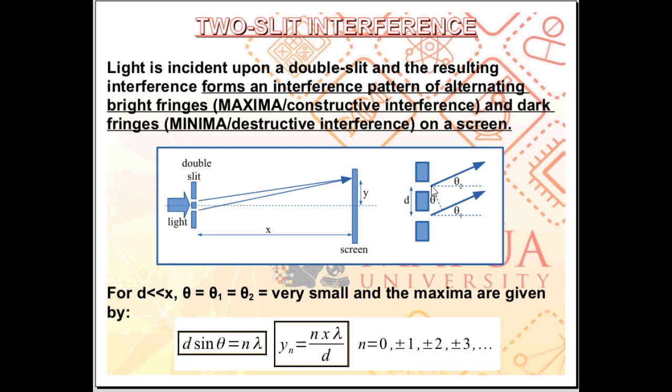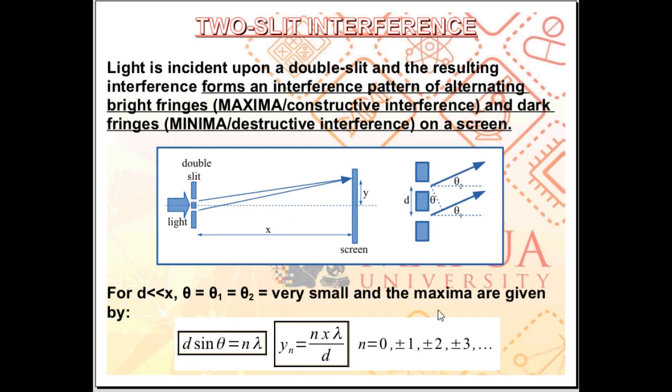So you have slit 1, theta 1, slit 2, theta 2. Theta 1 and theta 2 will be very small when d is very much smaller than x. So very small, they might as well be equal to angle theta, which is the angle from the middle of the double slit to the point on the screen. So with respect to the center line, you have angle theta.